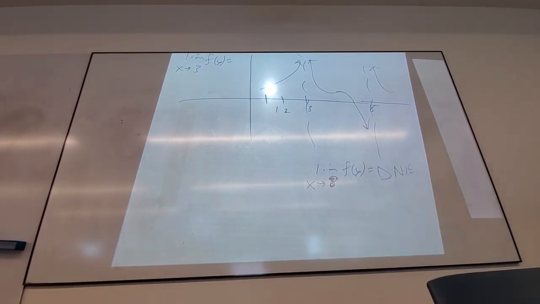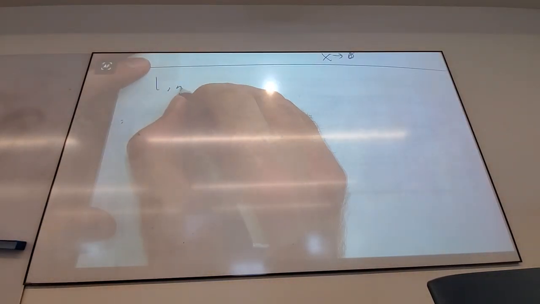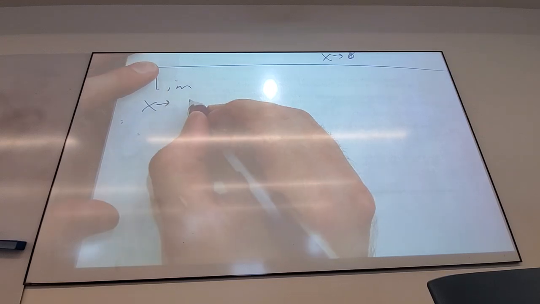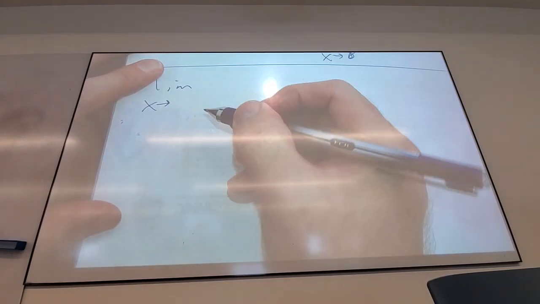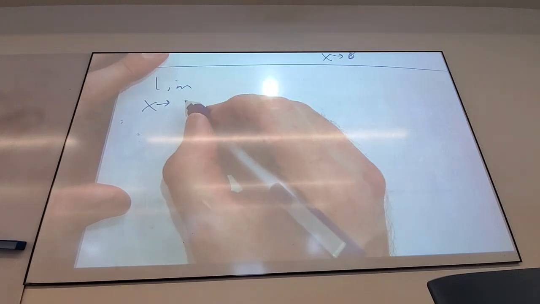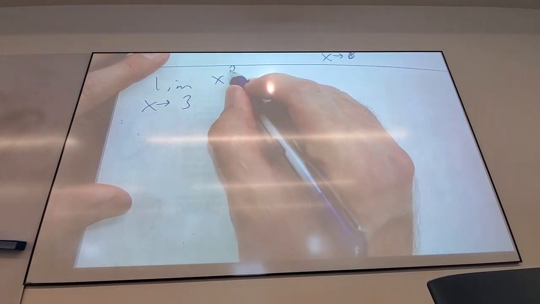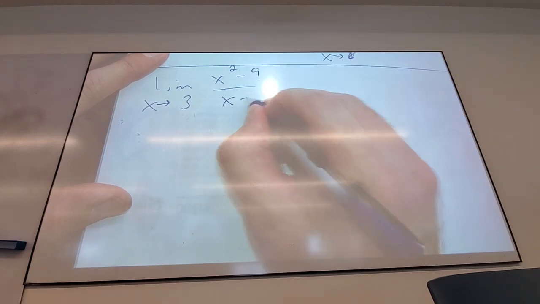So let's get a little more technical, which should not be unexpected in a calculus class. What if I want to investigate the limit as x goes to 3? Let's just do this nice and easy.